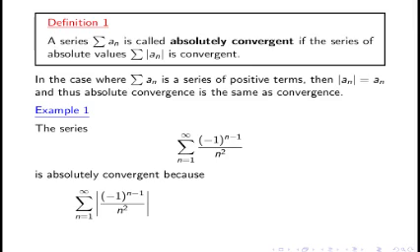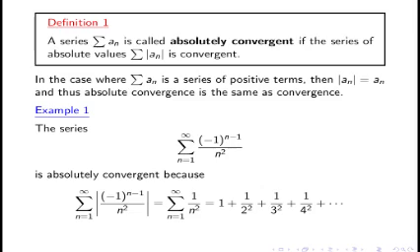But this series is absolutely convergent, because if I take the absolute value of each term, then I get the sum from 1 to infinity of 1 divided by n squared, which is 1 plus 1 over 2 squared plus 1 over 3 squared, and so on.